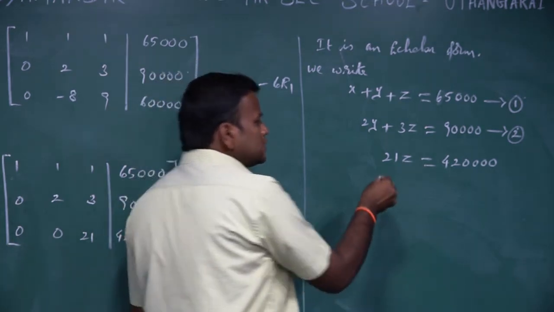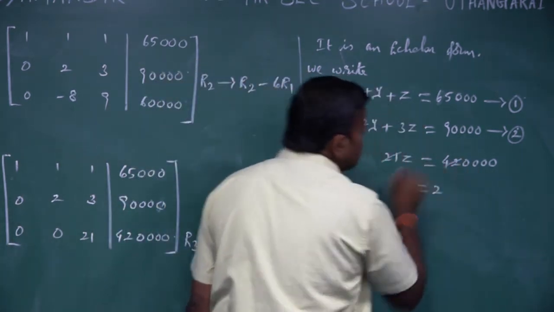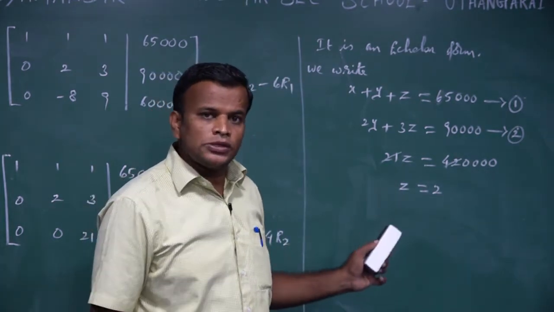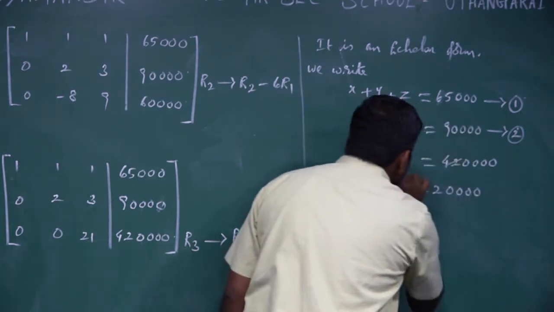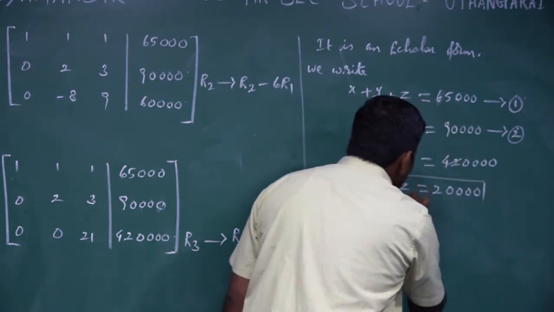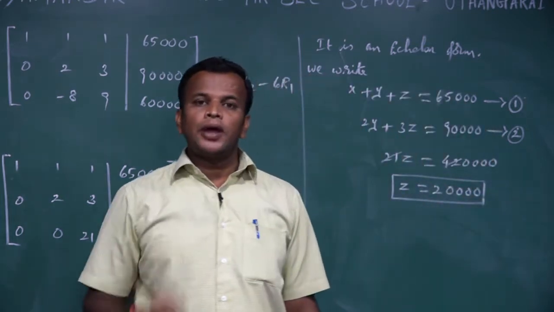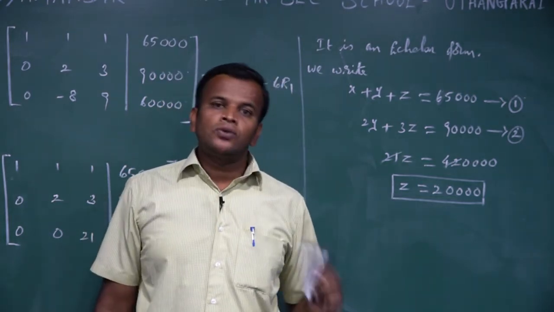So we directly cancel here. So for the value of z, 21 2s are 42. It is exactly twice, and we have these 4 zeros. So the value of z is 20,000. That means z, the price of the third bond, is 20,000.